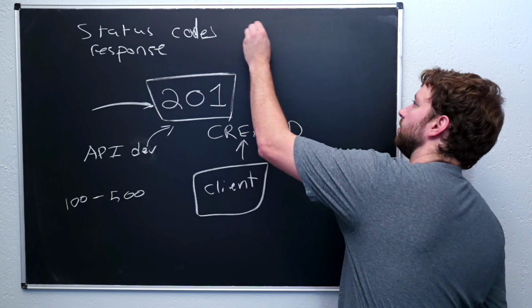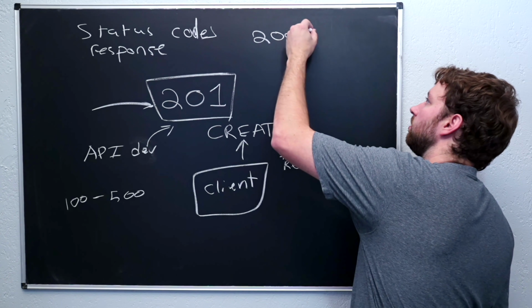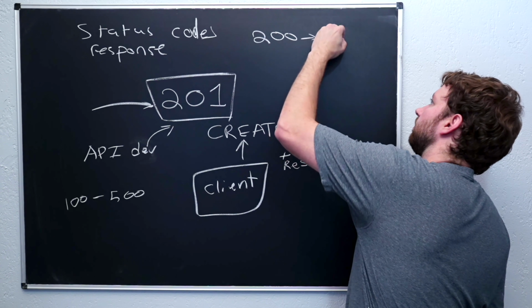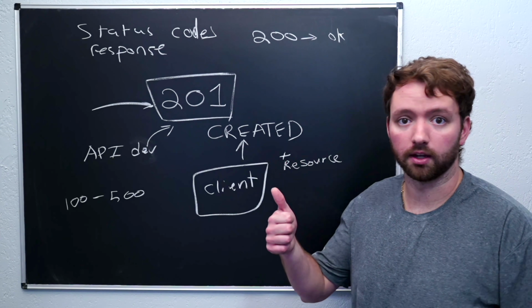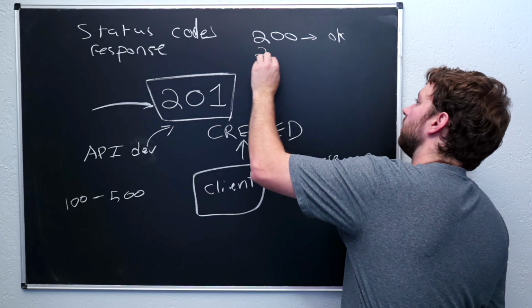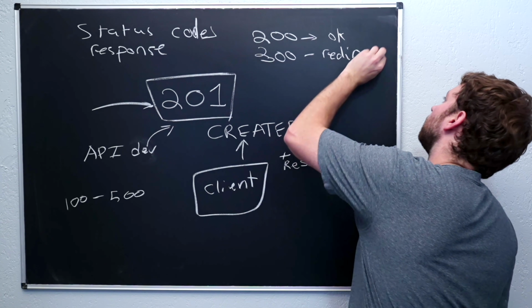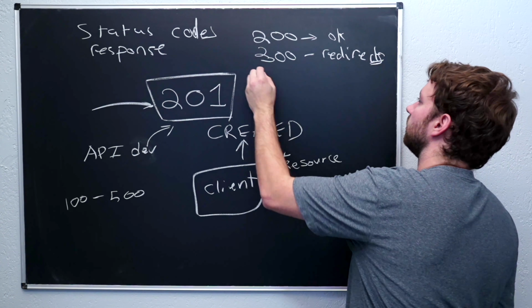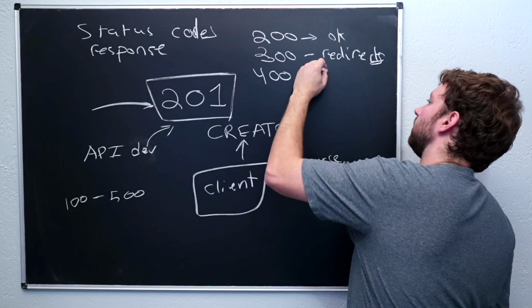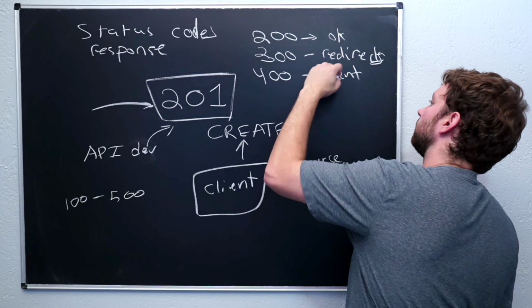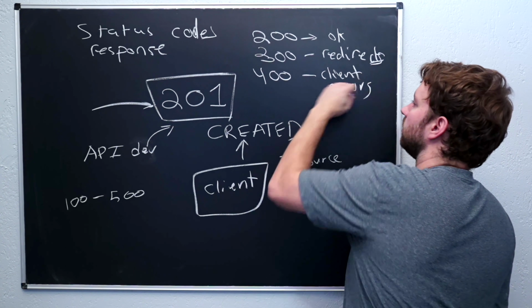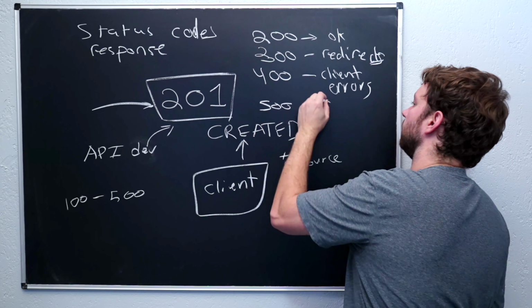The big ones you should concern yourself with are at the 200 level, which are all kind of like, okay, things are working. 300s are redirects. 400s are client errors, and then 500s are server errors.